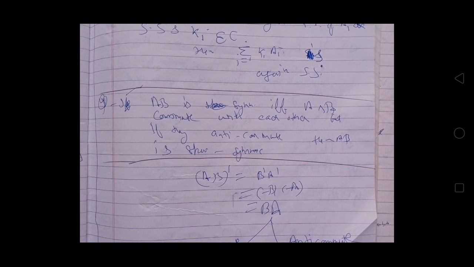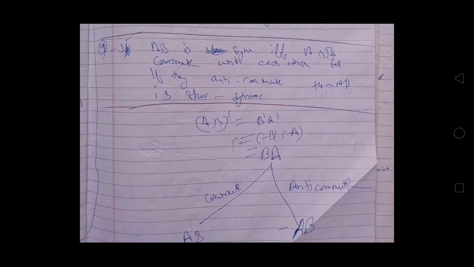Now fourth property says that AB is symmetric if and only if A and B commute with each other, but if they anti-commute, then AB is skew symmetric. Transpose of AB will be equal to B dash into A dash, which will be equal to minus B into minus A, as it has been mentioned that A and B are skew symmetric matrices, and we know that from the reversal law of transpose that AB dash will be equal to B dash into A dash.